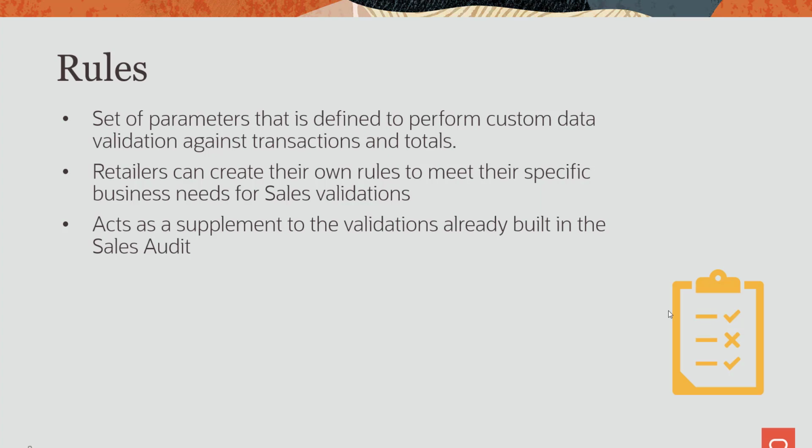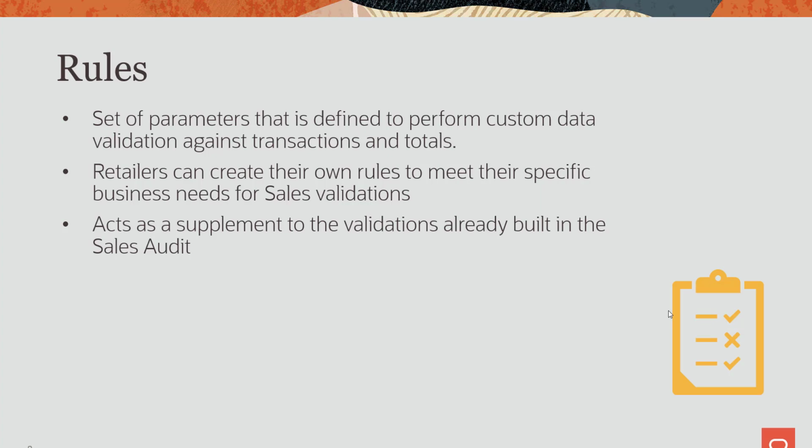The system continues to process data that fails to pass a rule, unless it is specified that a rule failure is fatal. A fatal error stops all processing of a transaction for a store day.